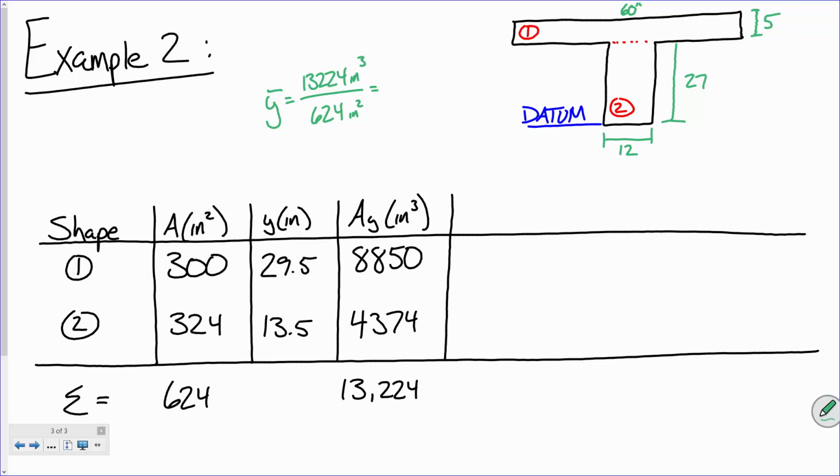Plug and chug, and that gives you about 21.19 inches. I'll put a little box over that so that we're all able to reference that. Everybody good? Okay.